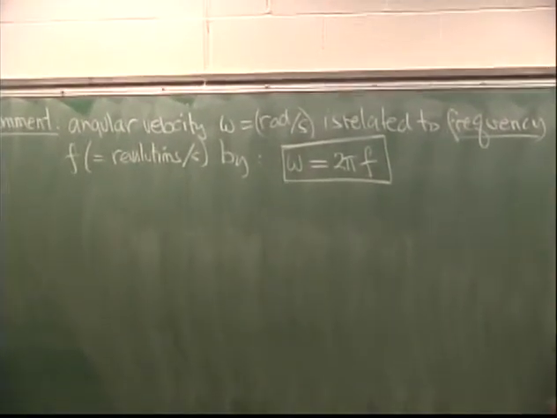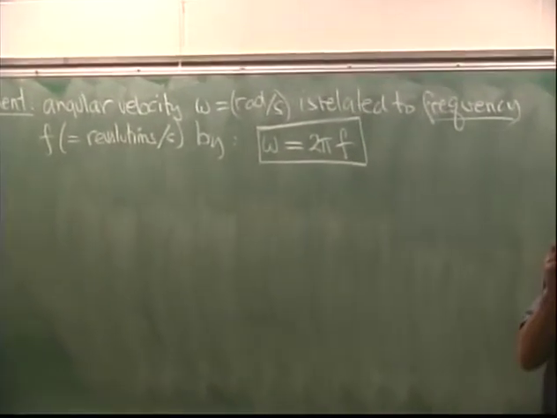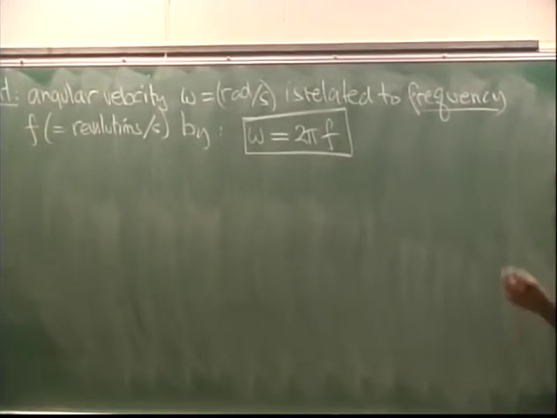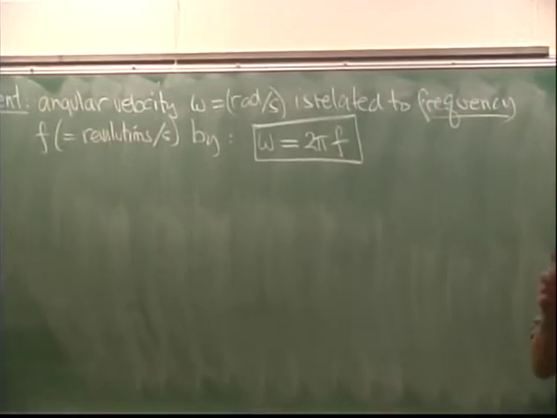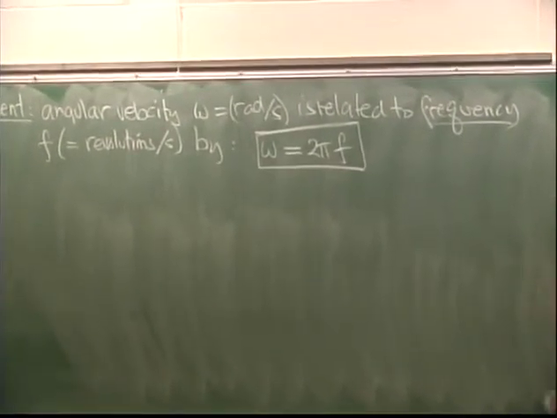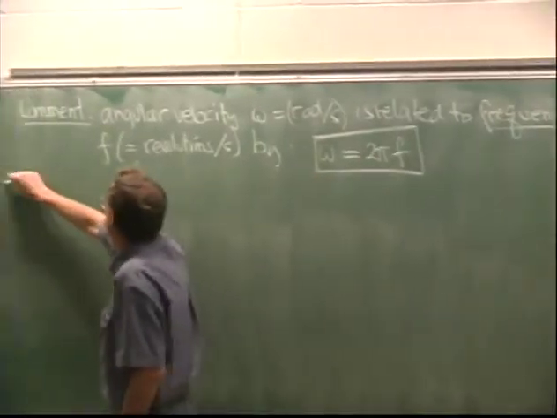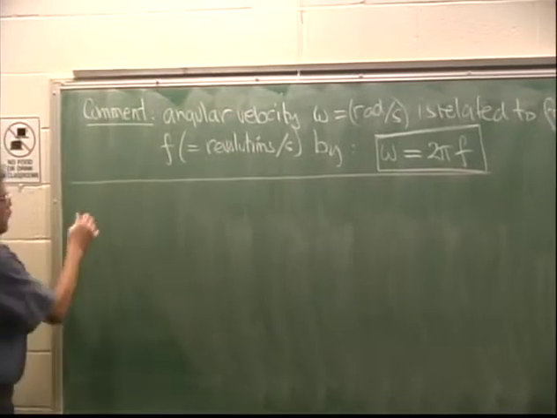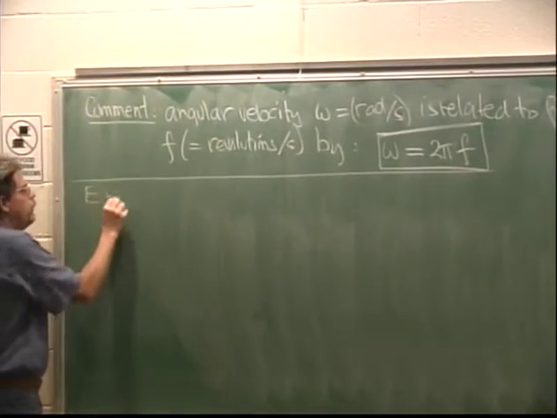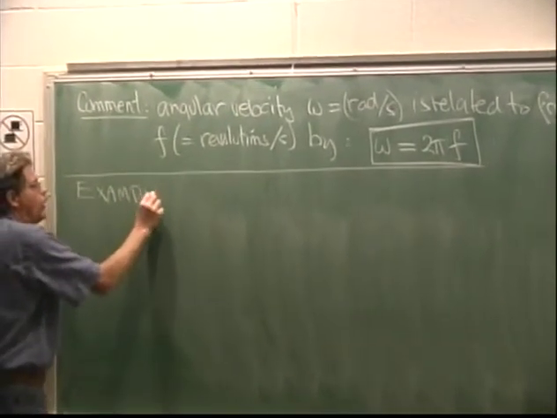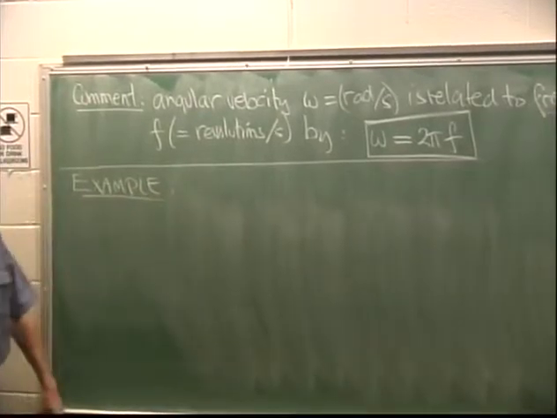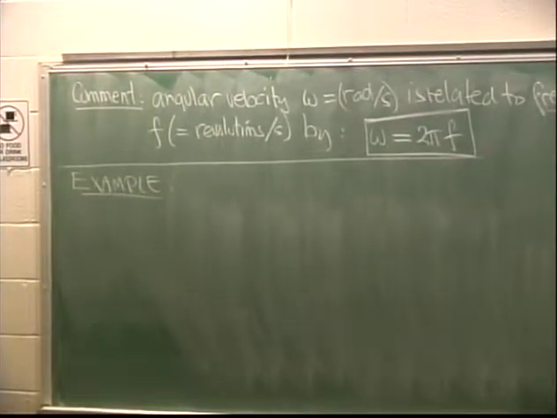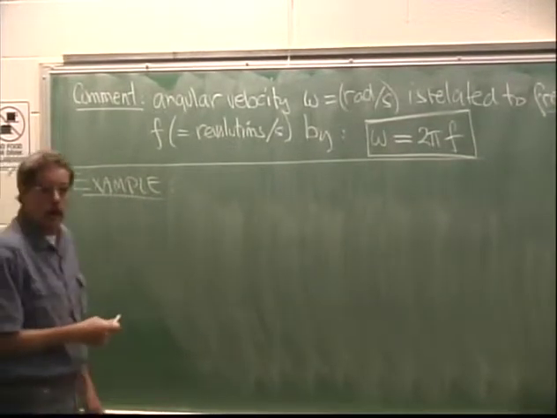A second comment that I was supposed to make on that, what was that? Oh, well, let me do an example first, a stupid little example, but to show you what we mean by angular velocity. We may even have done this before, I don't know. Example: I want to just think of something whose rotational speed we know about and figure out what its angular velocity is.